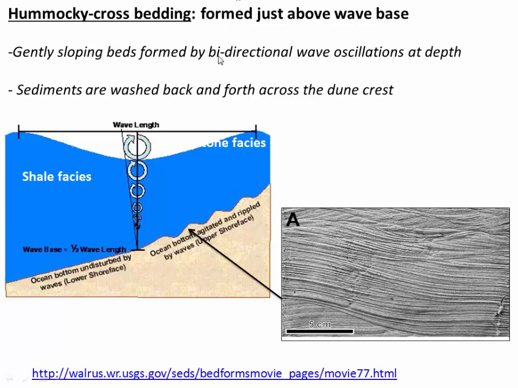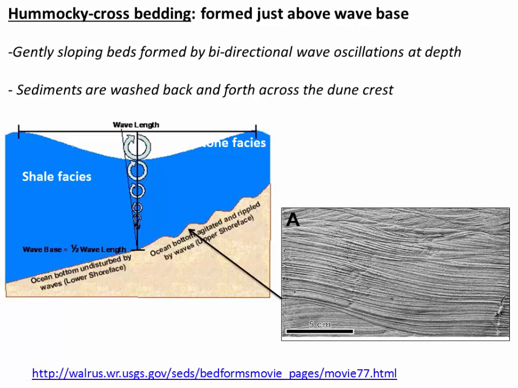And these are formed by oscillations of wave currents at depth, where waves are pushing both forward and backwards in a relatively gentle motion, moving the sand back and forth and forming these lower angle beds. And generally they're formed by currents or wave energy that's much subdued compared to regular cross bedding.